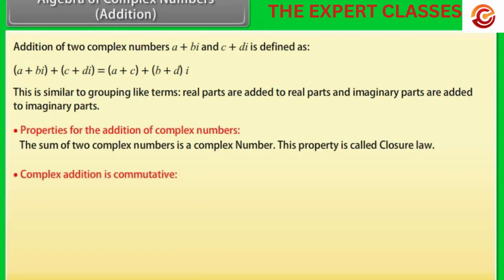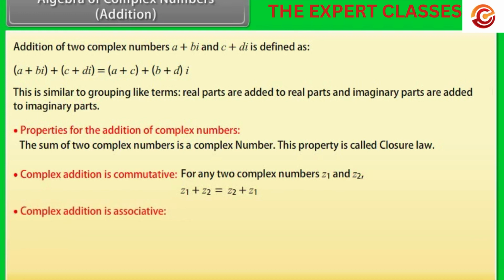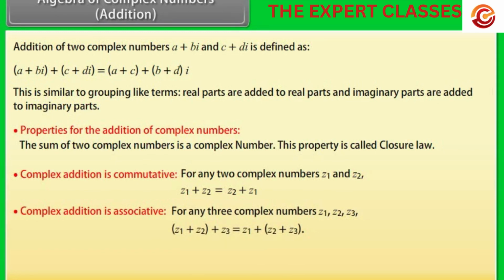Complex addition is commutative. For any two complex numbers z1 and z2, z1 plus z2 is equal to z2 plus z1. Complex addition is associative. For any three complex numbers z1, z2, z3, z1 plus z2 plus z3 is equal to z1 plus z2 plus z3, with grouping changed.